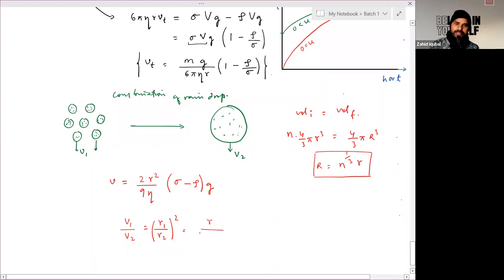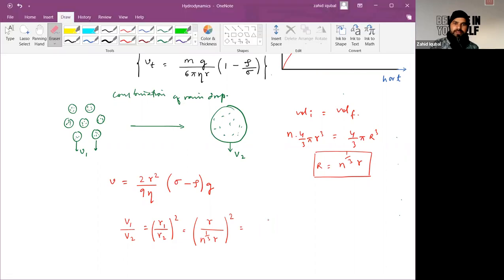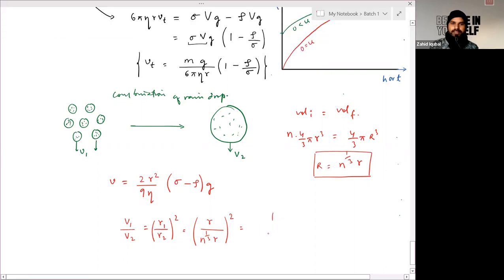The final radius on combination becomes n to the power 1 by 3 times r, whole square. So r and r cancel out, and you're left with 1 by n to the power 1 by 3 whole square, which becomes n to the power 2 by 3.